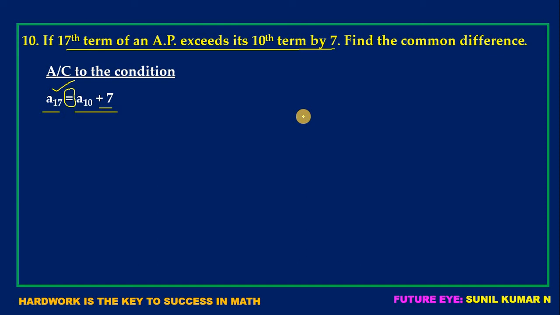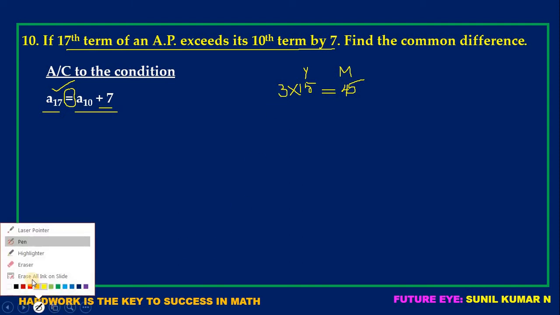For example, suppose your age is 15 years and your mother's age is 45 years. Now your mother is 3 times your age. It means to make this equation balance, I have to multiply your age by 3. Otherwise the equation cannot be balanced. Hence, here I added 7 to the 10th term.